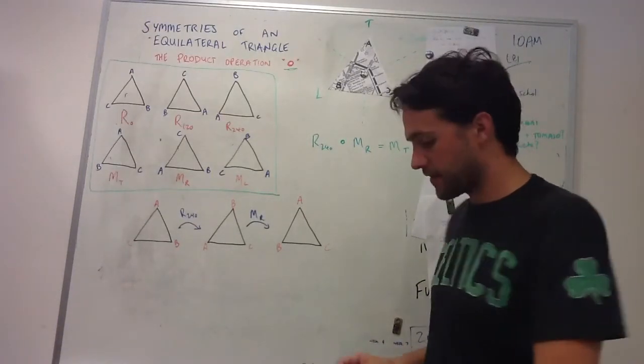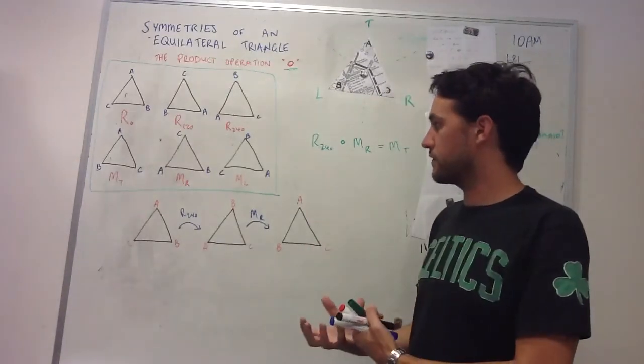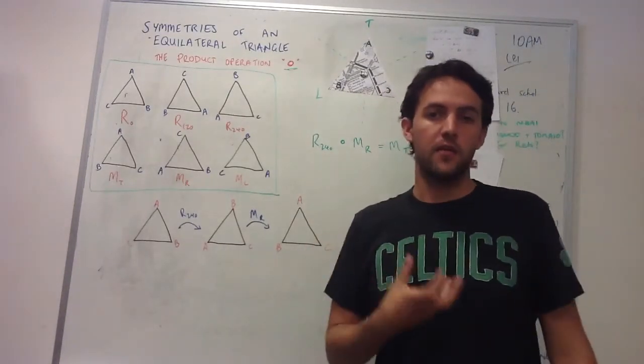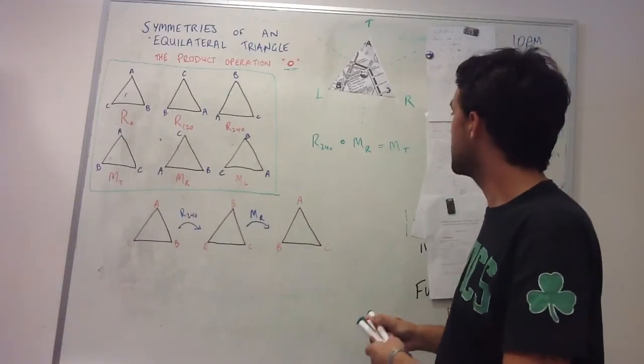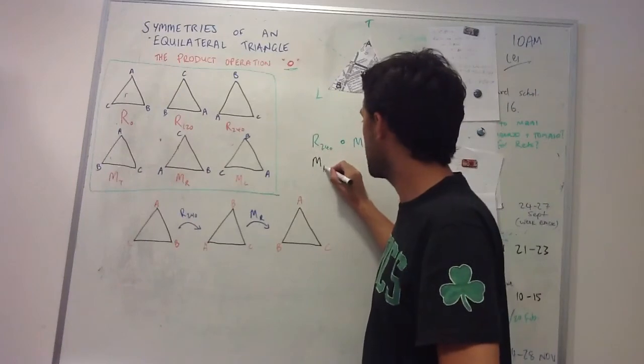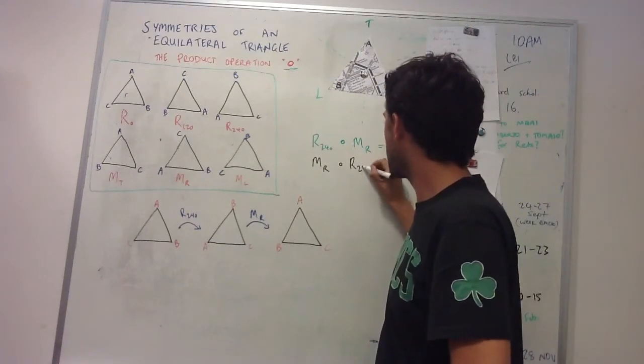Okay, so now my next question is, if we think of these in the same way that we think of multiplication or addition, what happens if I change the order? So if I do MR times R240.